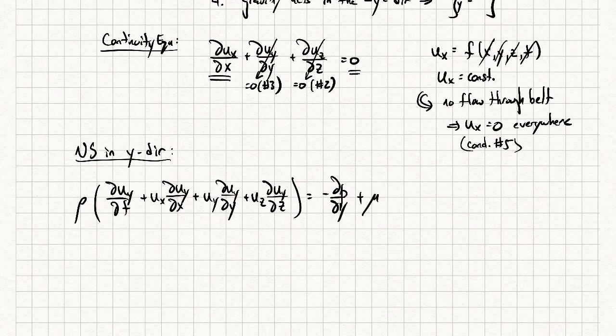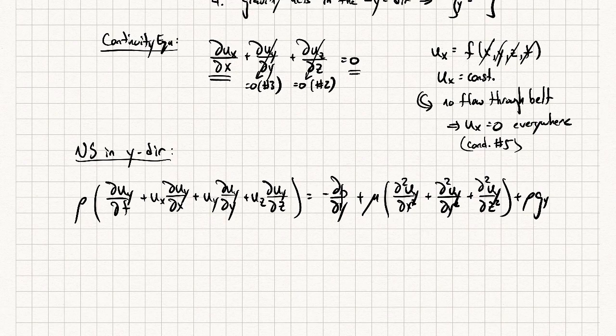It's just a lot to write out, so we'll take a moment here while I get it all on the screen. Okay, so there's the Navier-Stokes equation in the y direction. All this equation is F equals ma.